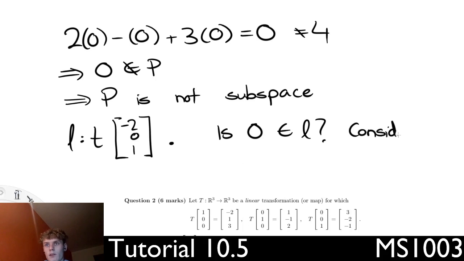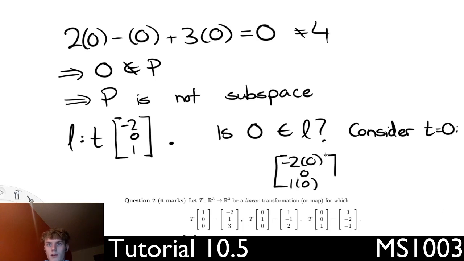Consider T equals 0. Then I get -2 times 0, 0, 1 times 0, which of course is the 0 vector, the origin, exactly what we wanted. Okay? That's how easy this is.